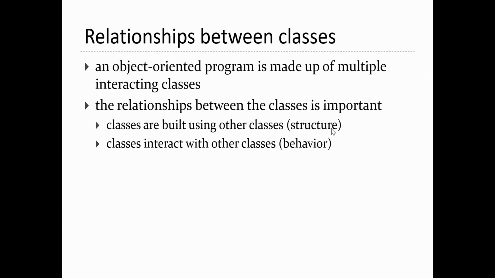That implies that there's some sort of structural relationship between classes. Similarly, classes can interact with other classes. In object-oriented programming, typically you have a bunch of objects interacting with one another. That interaction is the behavior of the objects. We're only interested in structure. Behavior is a whole other can of worms that we're not interested in in this course.